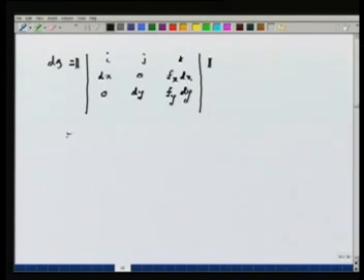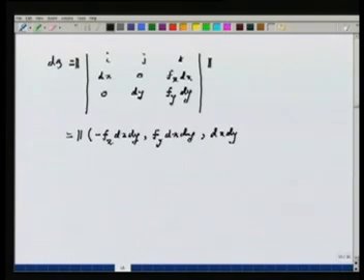Now what is the norm of this vector? It is the norm of the vector (minus fx dx dy, fy dx dy, dx dy).